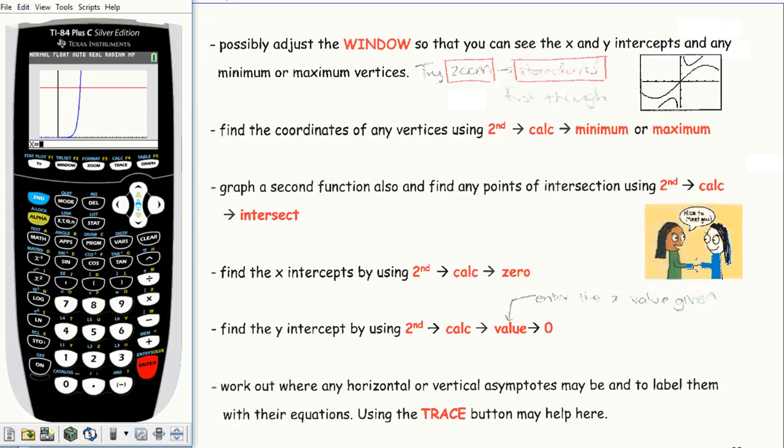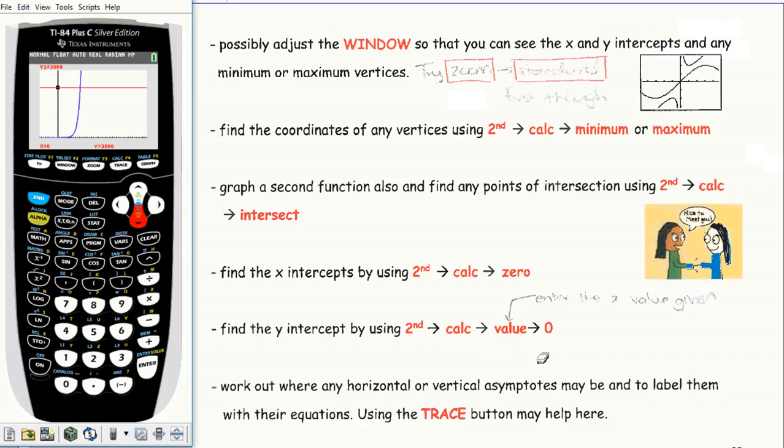Enter. There it goes. It told me y equals 5. That's for that function. If I want the other one, I just need to arrow closer to it. Oh, it just went straight there. That's nice. y equals 3000. Otherwise, I would arrow close to it and go second, calc, 0 again.